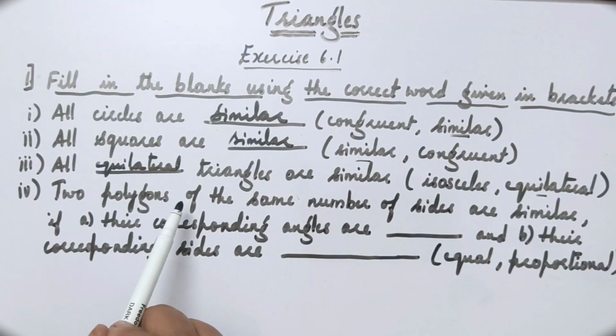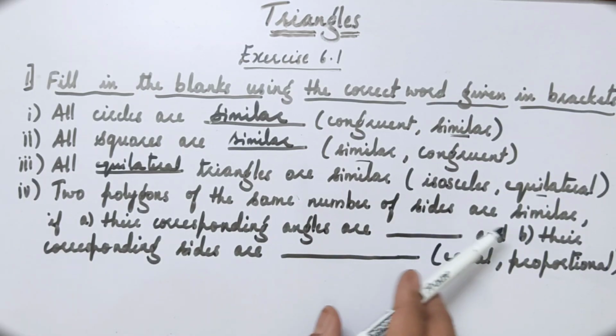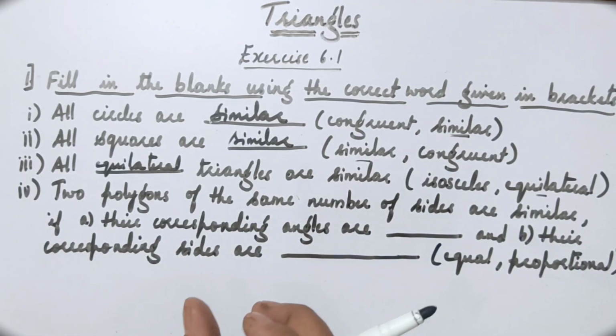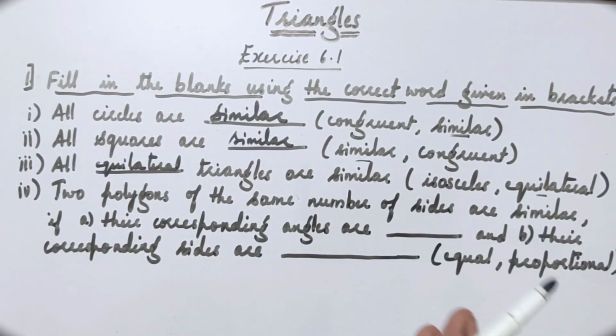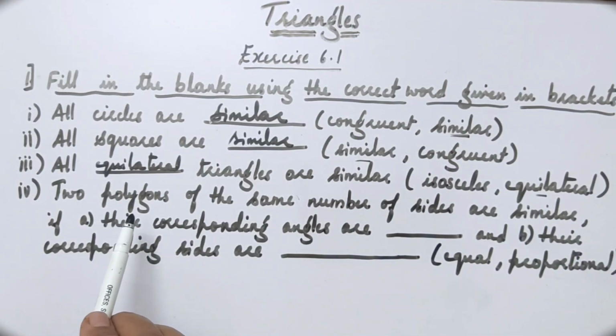Now two polygons of the same number of sides are similar. Polygons means figures which are made up of lines, like a square, rectangle, trapezium or parallelogram.